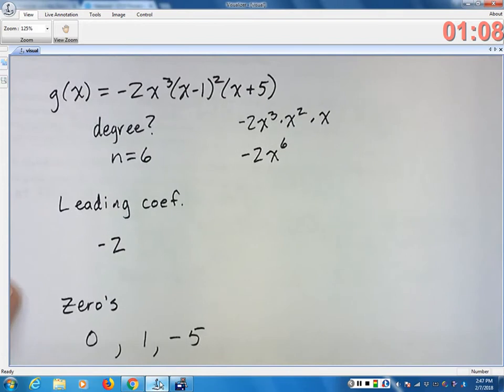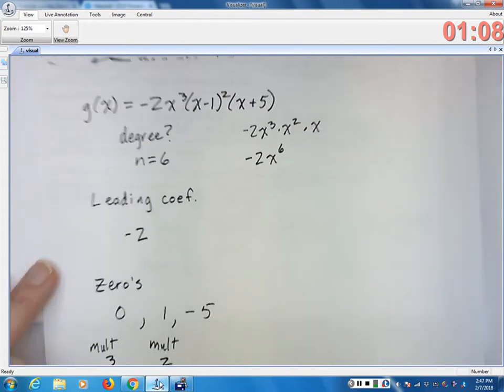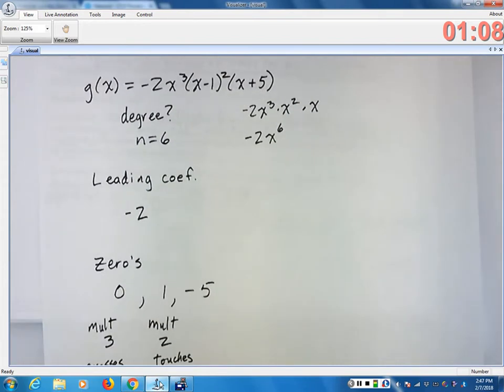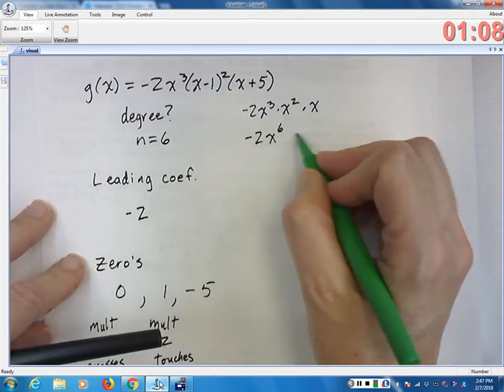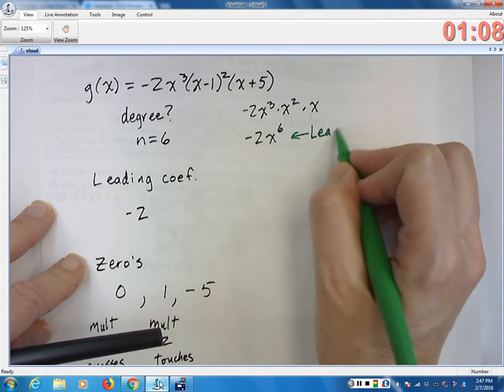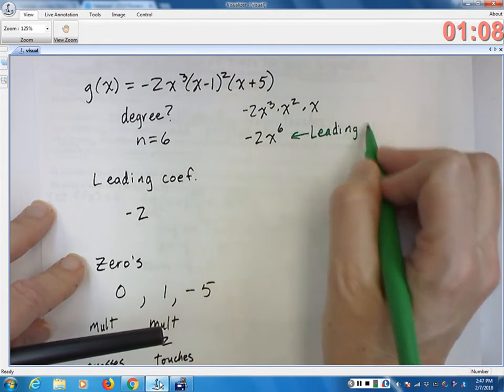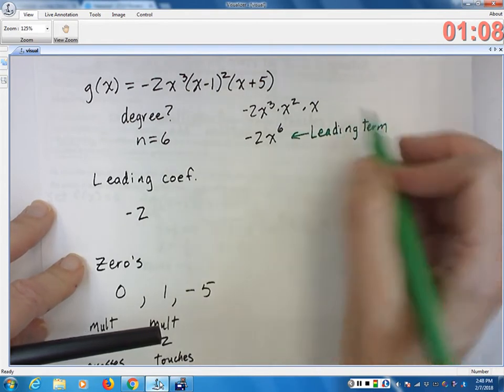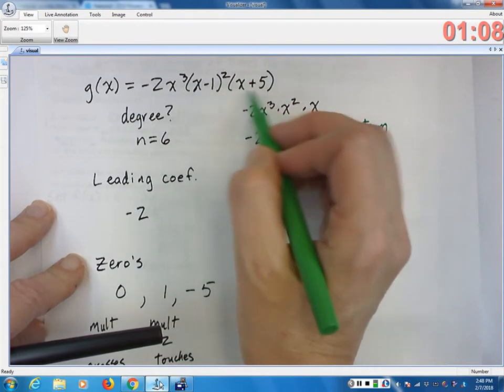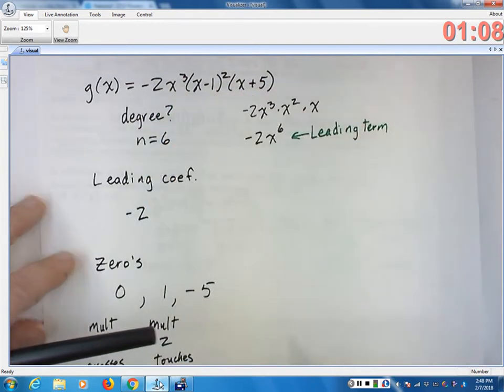These were the questions. The hardest part of this is probably going to be finding that leading term. You have to be able to find the leading term, and it would be an awful lot of work to FOIL this out and multiply this out. You don't want to do that.